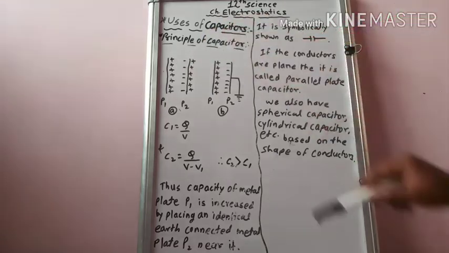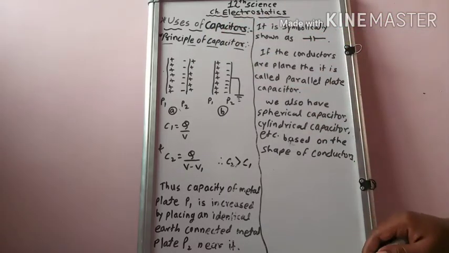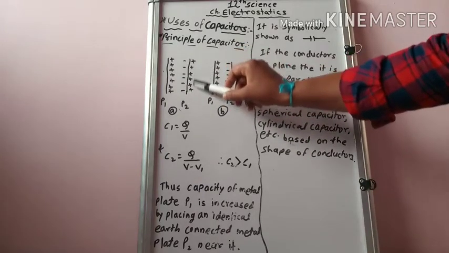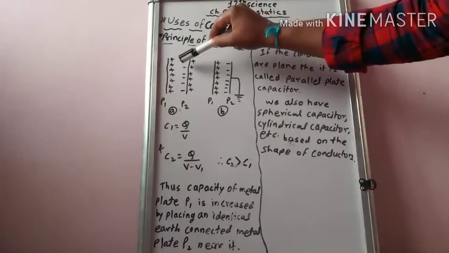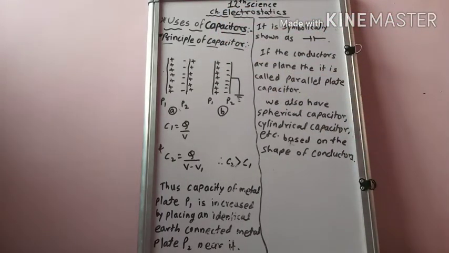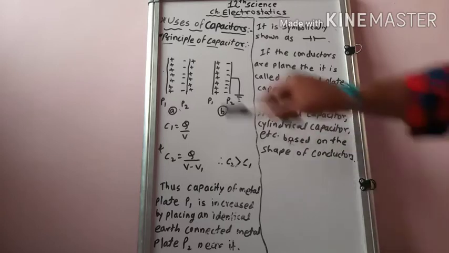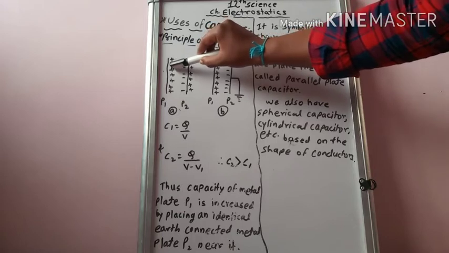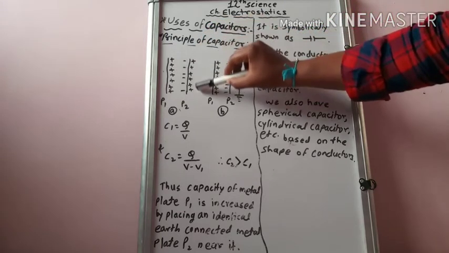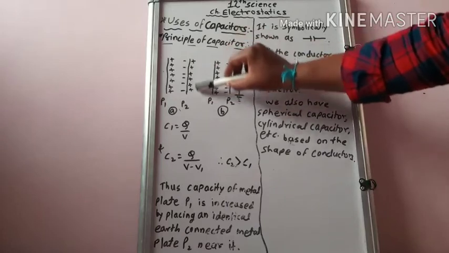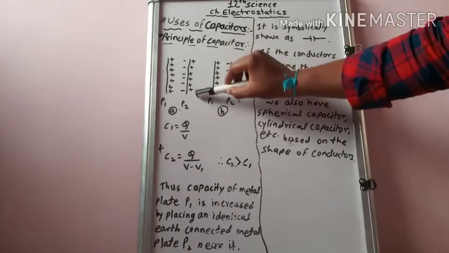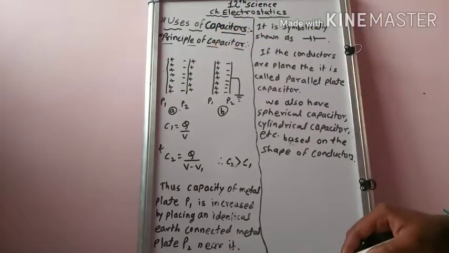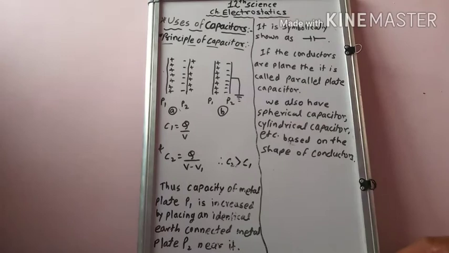Near the other face of P2, a positive charge is also induced by that negative charge. Similarly, on the other face of plate P2, positive charge is induced due to the negative charge on that plate.